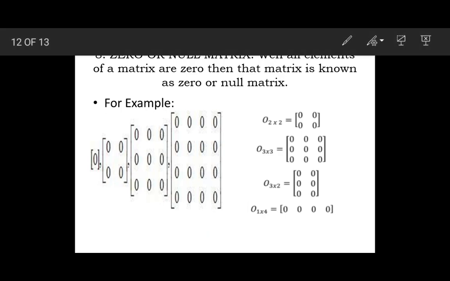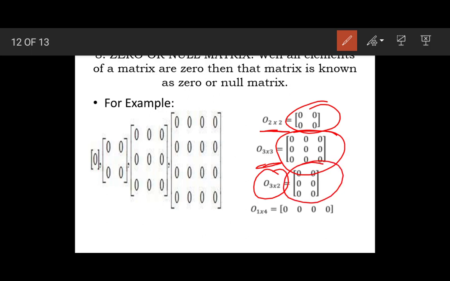So see, for 2 by 2, the null matrix or 0 matrix will be 0, 0, 0, 0. For 3 by 3, the null matrix will have all elements 0. 3 by 2, all elements are 0. 1 by 4, all elements are 0. So if all elements are 0, then that matrix is a 0 matrix or null matrix.